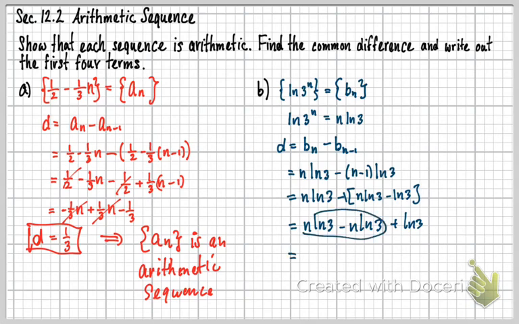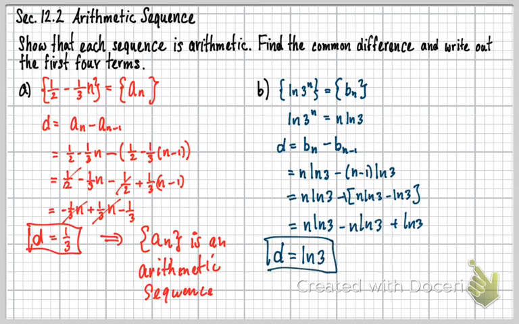Now those cancel out because they have different signs. So I end up with ln of 3. And I don't know if you know this or not, but ln of 3 is a number. So we found the common difference like we did in the previous problem right away.